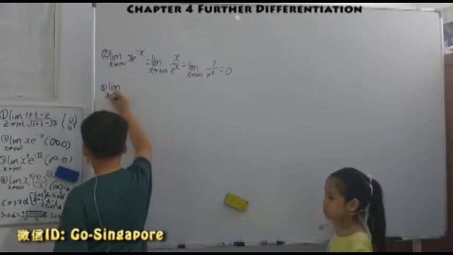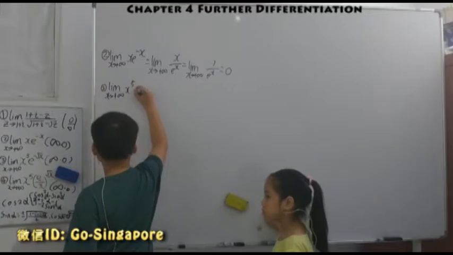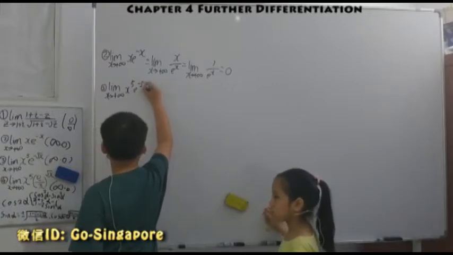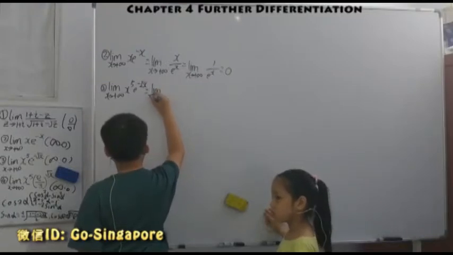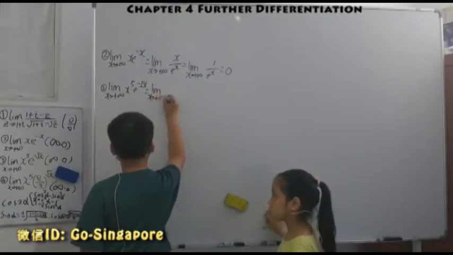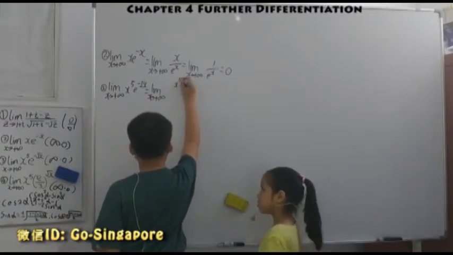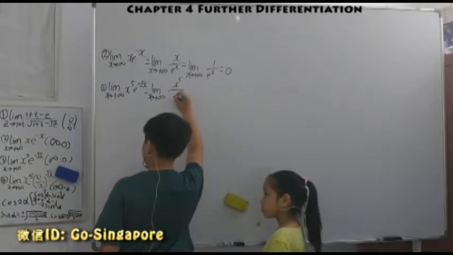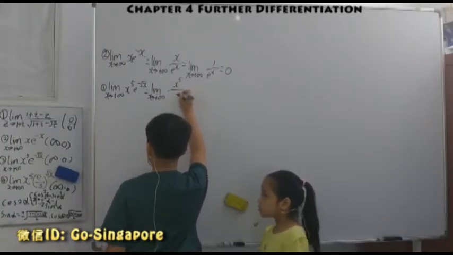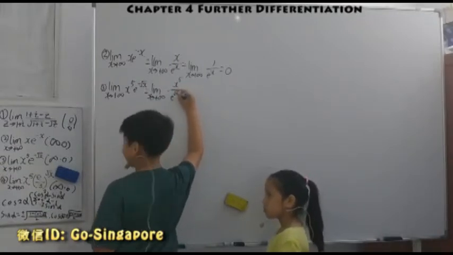So this is the limit x approaches positive infinity of x to the power of 5 times e to the power of negative square root x. We can write it as x to the power of 5 over e to the power of square root x, right?